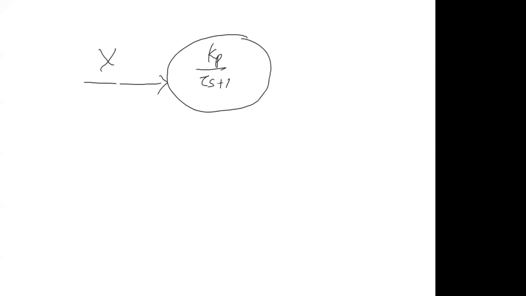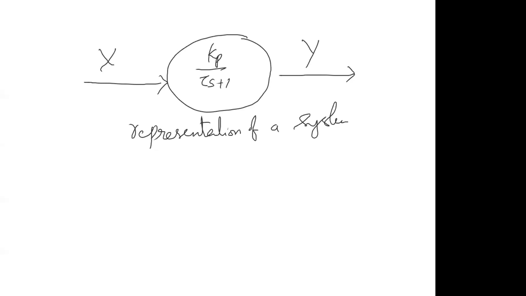This is how you represent the entire system: you have a system something like Kp by tau s plus 1, an input which is x, and an output which is y. This is the general representation of a system in PDC.